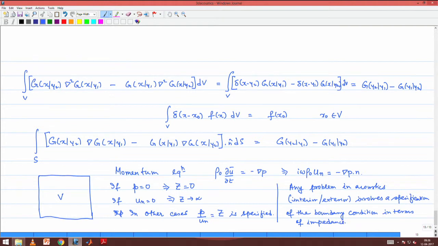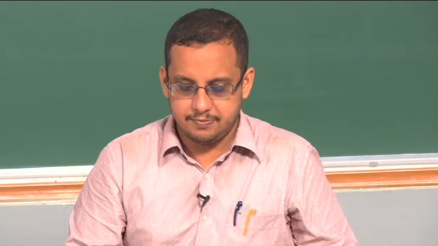In particular, I would like you to note that for the exterior acoustics problem, it is only an impedance boundary condition. The exterior acoustics problem finally specifies the Sommerfeld radiation condition as its boundary condition far away from the source, right. And the Sommerfeld radiation condition essentially is a specification of the impedance. The impedance at large distances away from the source basically boils down to the plane wave impedance, which is rho naught c. That is the moral of the story.